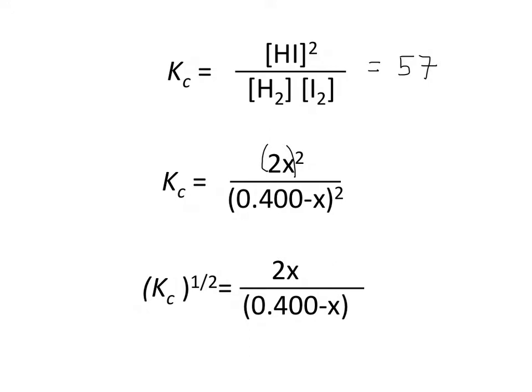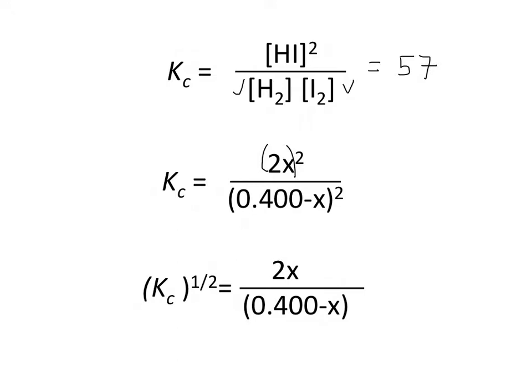And since both I2 and H2 are equal to 0.4 minus x, I can express that in my equation as 0.4 minus x squared.